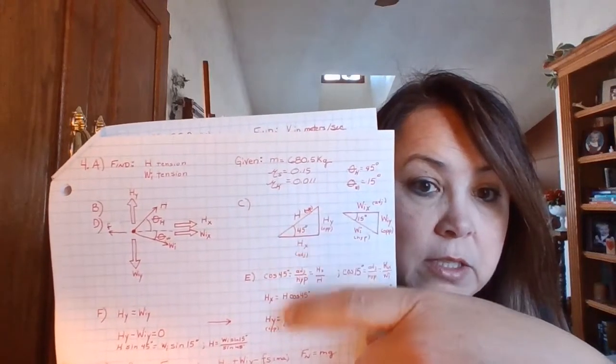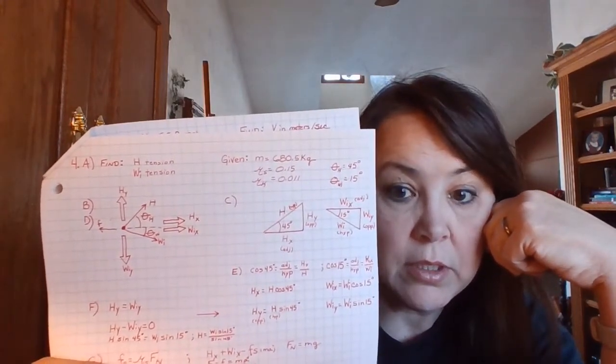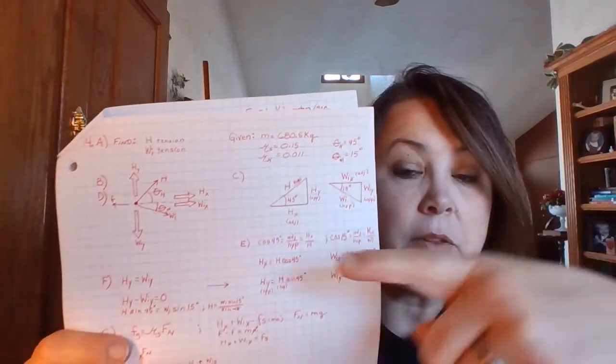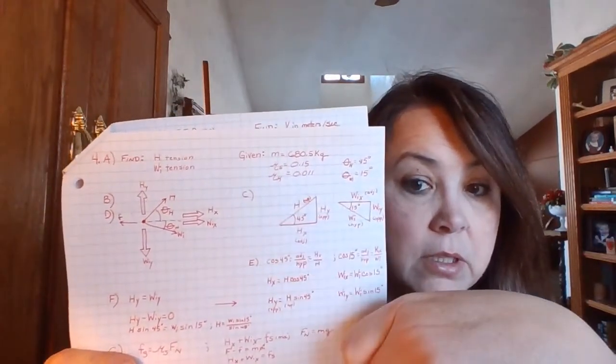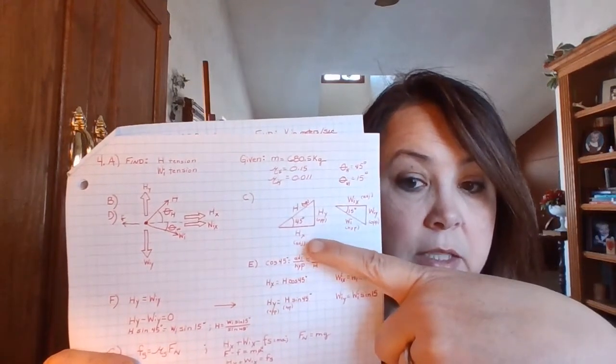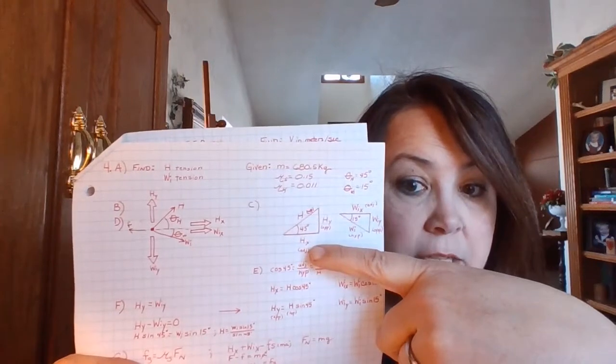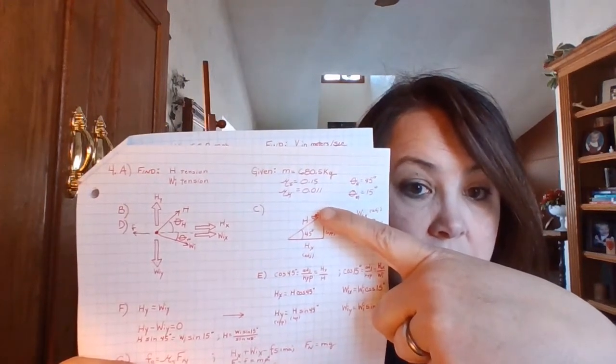So let's look and see which of the equations involve the angle and the HX and H, which would be adjacent over hypotenuse.